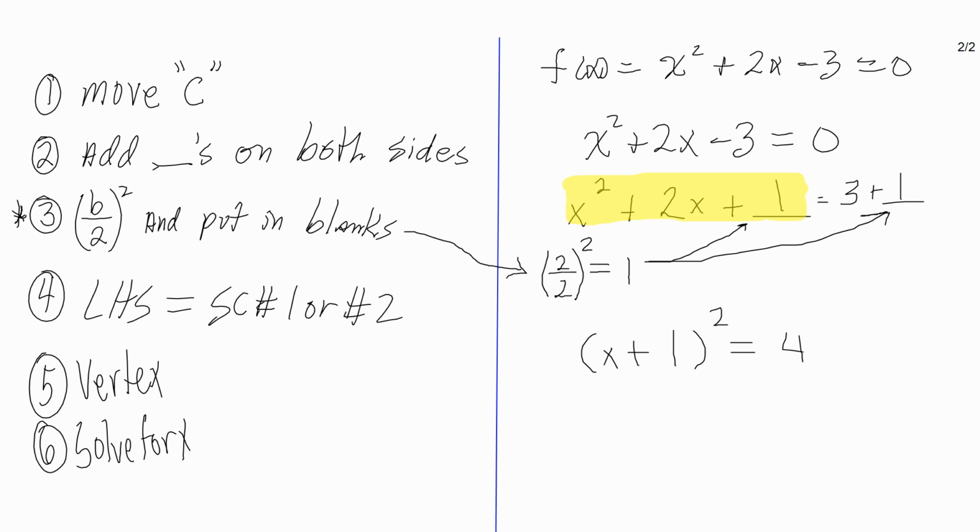I'm going to take my green highlighter and highlight this guy, so there's your h. And I'm going to take my handy dandy aquamarine and there is my k. Now at this point I can find my vertex by taking the opposite of both of those.